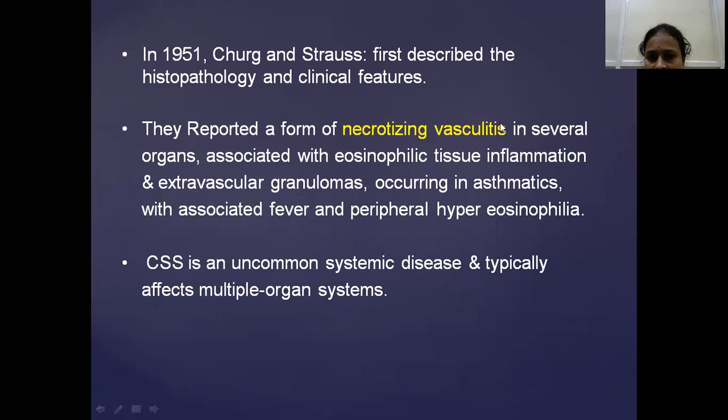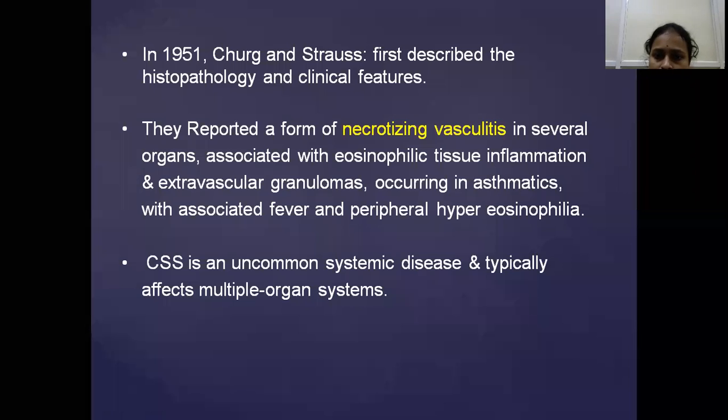You should remember three things mainly. It is a necrotizing vasculitis of medium and small vessel involvement, upper airway involvement in the form of sinusitis, mainly involvement of the paranasal sinuses, and lower airway involvement, commonly seen in asthmatics. These three things you should remember for Churg-Strauss syndrome.